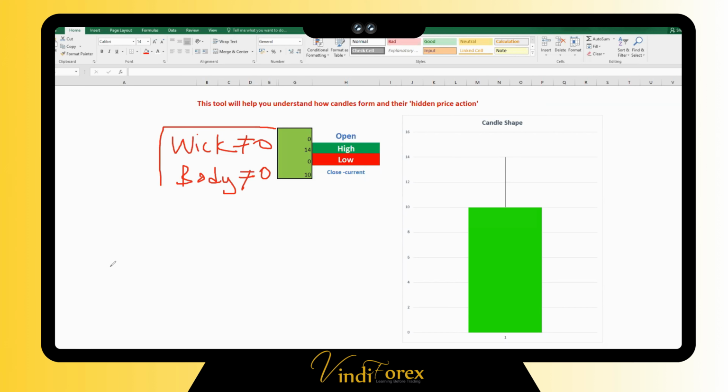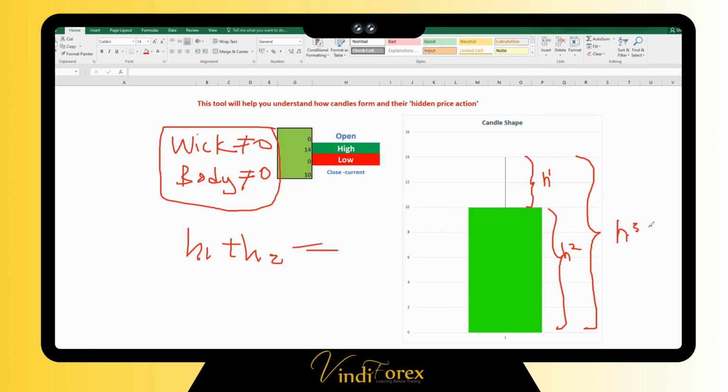Once we have these two, where a wick is not zero and the body is not zero, we start inspecting these and these based on these. So if this is our H, let's call this H1, then this will be our H2, height 1, height 2, to give us this overall height 3. So our formula H1 plus H2 will give us H3.